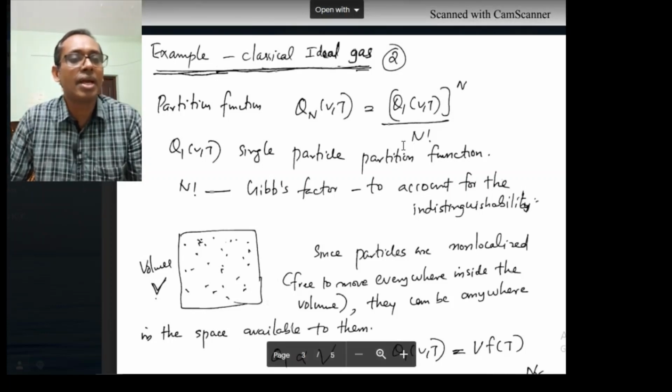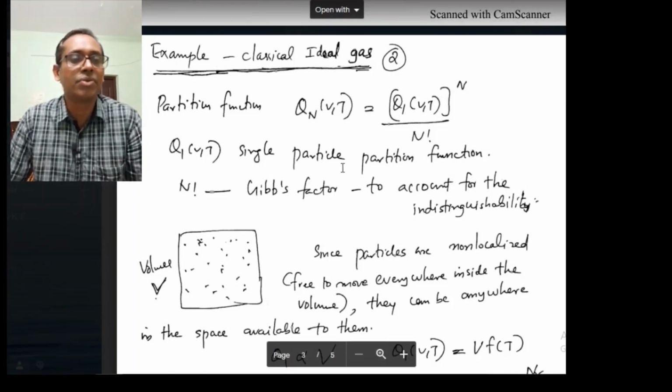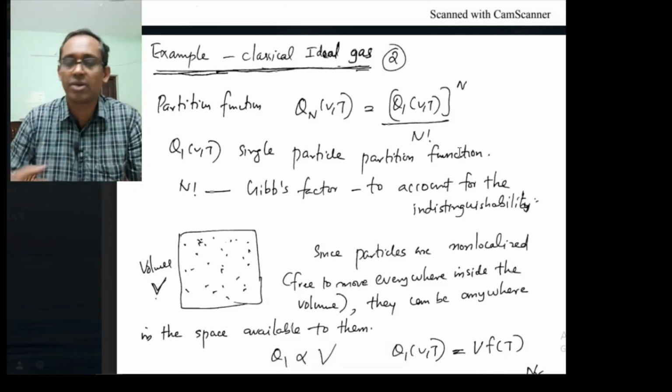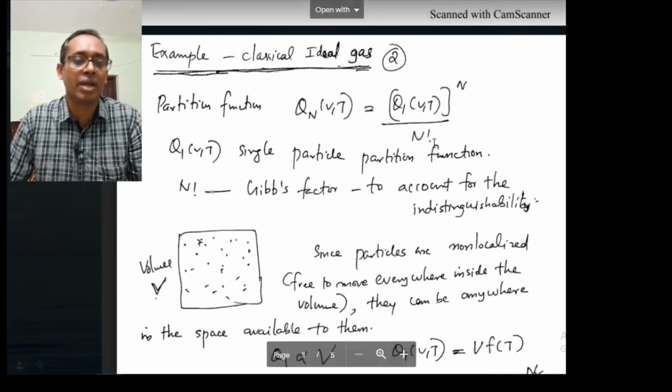Since there is no interaction, the partition function of a system of n particles can be written as Q1(V,T) to the power n over n factorial, where Q1(V,T) is the single particle partition function. This form is valid only if the particles are non-interacting.